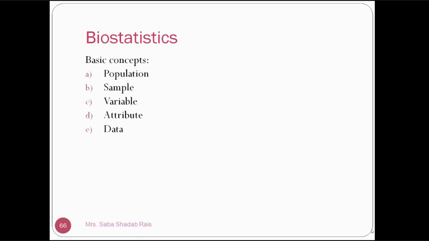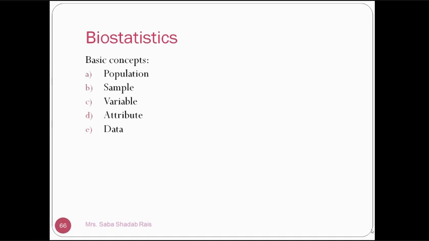It is any finite or infinite collection of all possible objects, living or non living, under study. For example, if you want to study the people of a particular area, those people will become the population of that area.